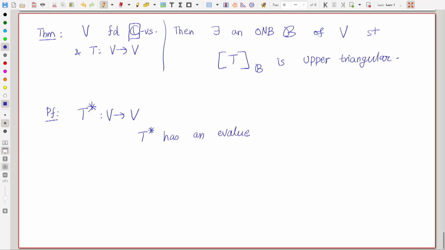If I am over the real numbers, I can't say this, that is where the problem lies. So if I am over the complex numbers, T star has an eigenvalue, let me call it lambda, and a corresponding eigenvector. Surely at least one eigenvector I have corresponding to that eigenvalue, and let V be an eigenvector.